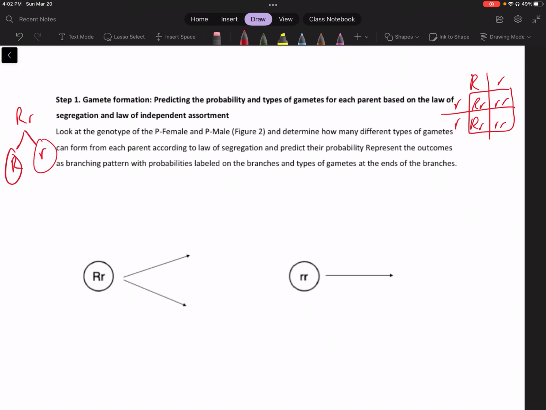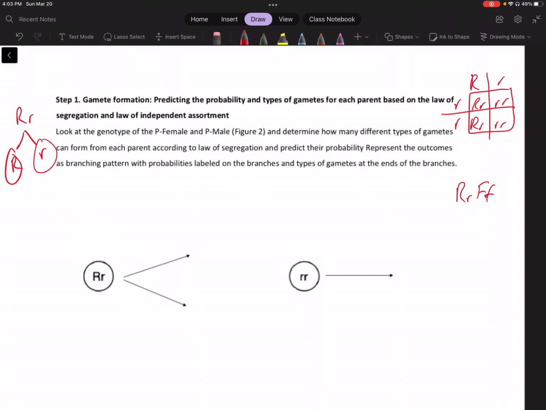Okay, and then the law of independent assortment means that basically every trait is going to segregate from itself independent of other alleles. So let's say that I had mom, and they were both homozygous dominant or heterozygous dominant for these two traits.